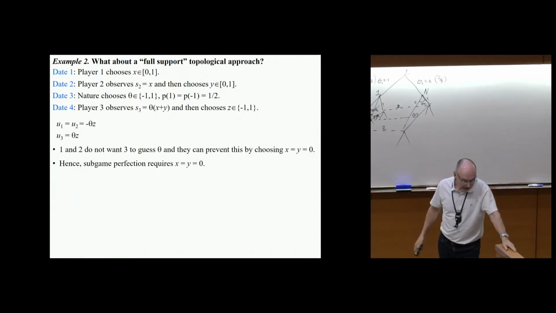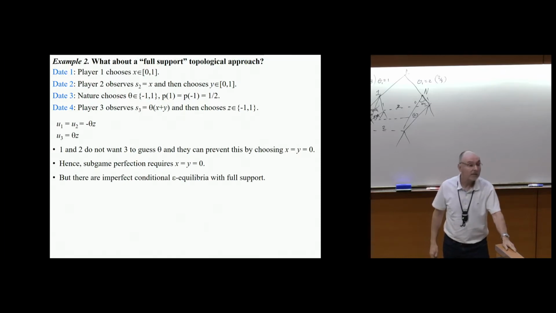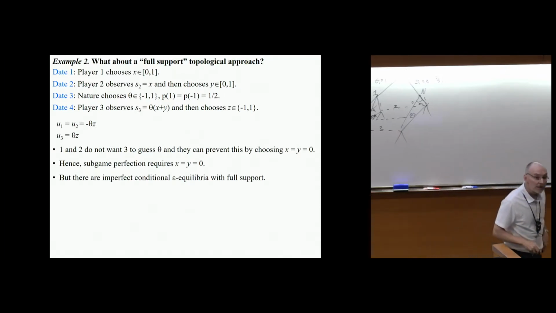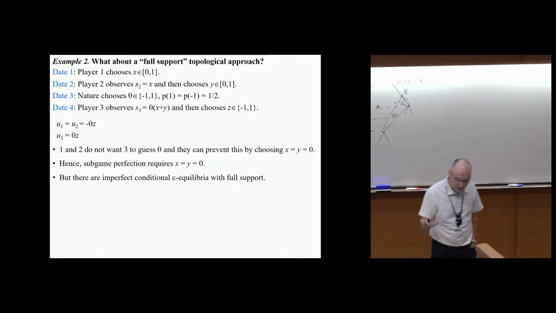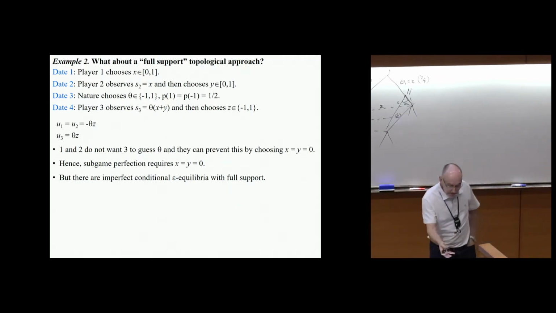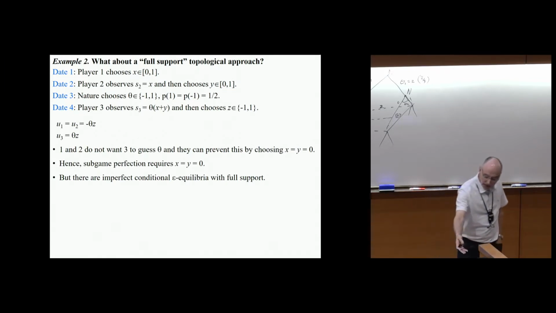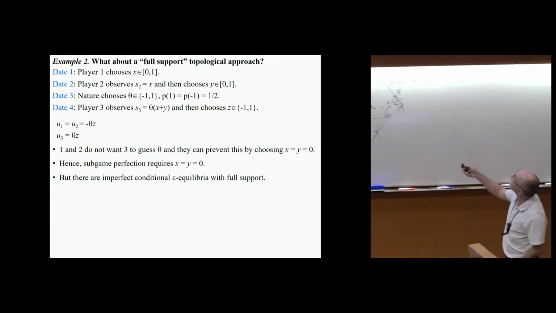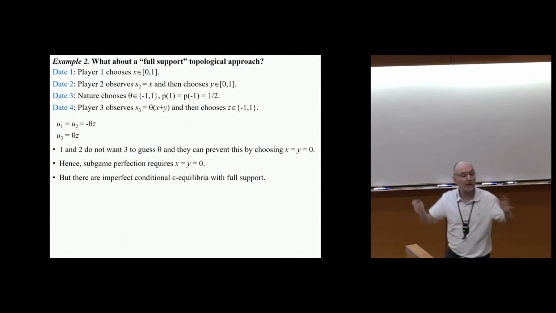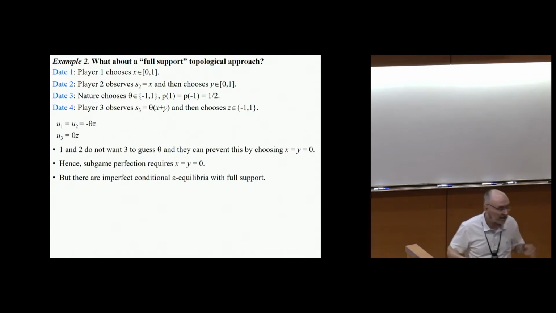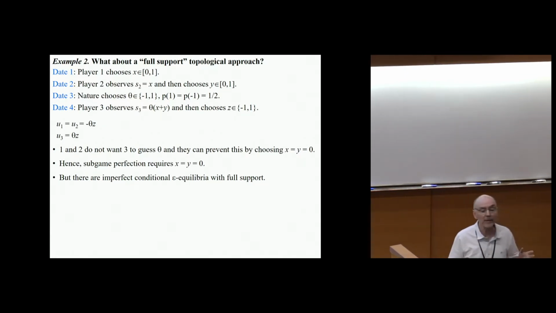But with this topological approach, suppose we think about what full support means here. Full support would mean that if we're going to perturb strategies, it's good enough to give every open set of my action space positive probability, and every open set of your action space positive probability.